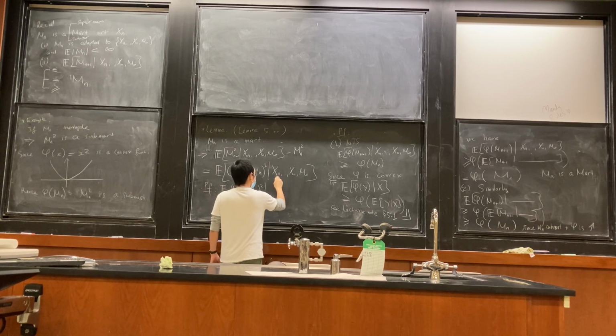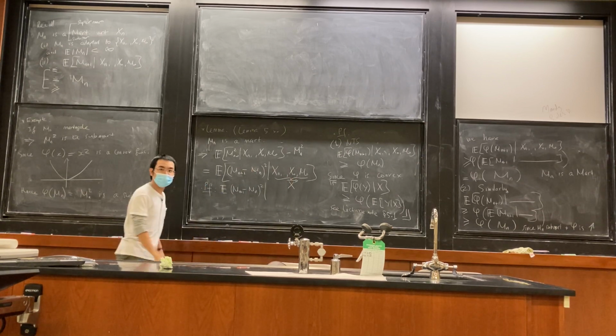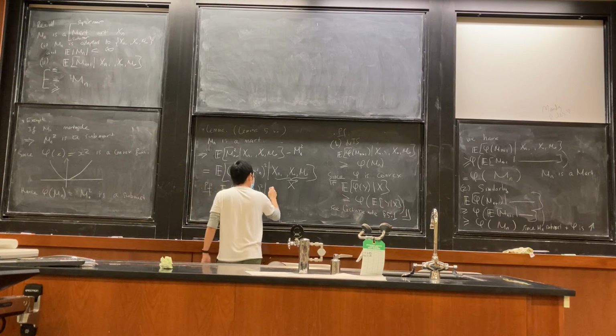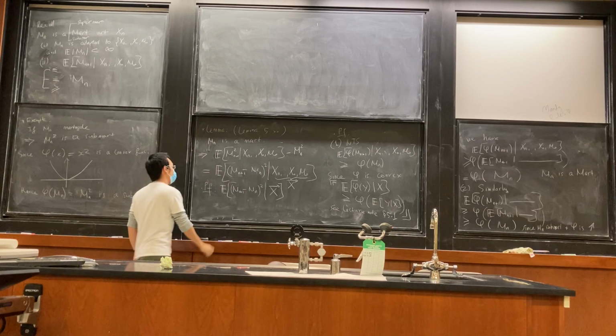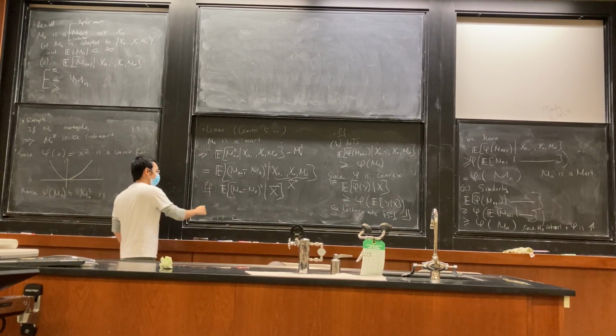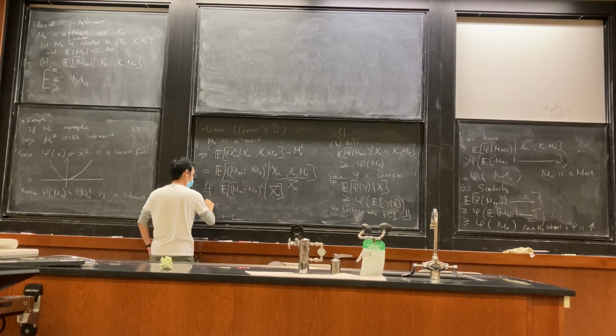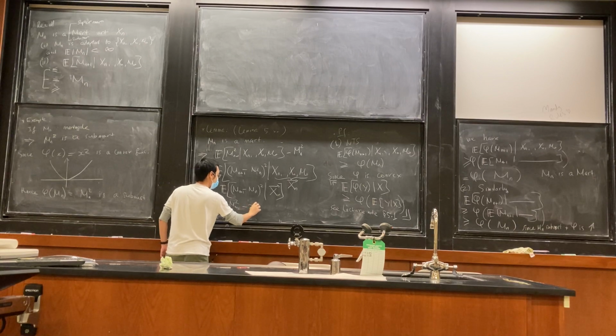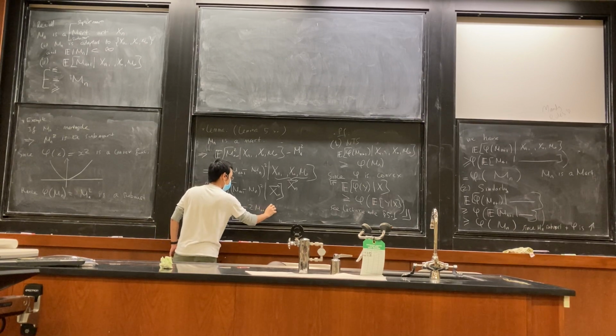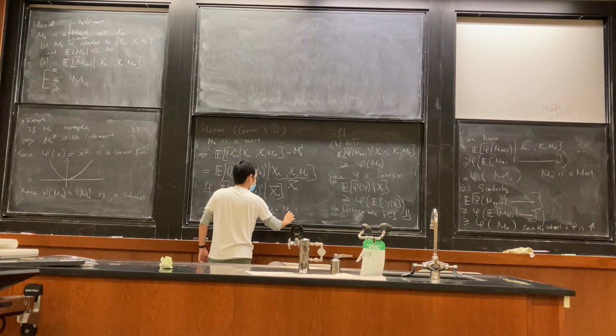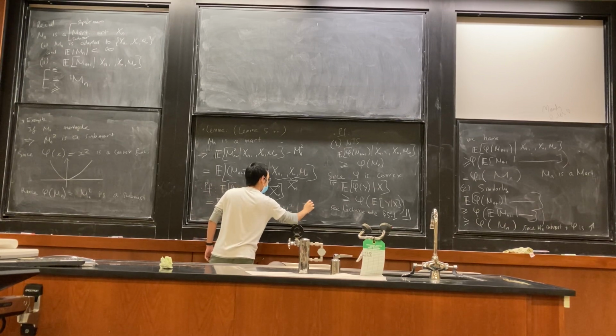Let me call this vector X, so I can reduce the notation. So this is the expected value of Mn plus 1 squared minus 2 Mn plus 1 times Mn plus Mn squared, conditioned on this.